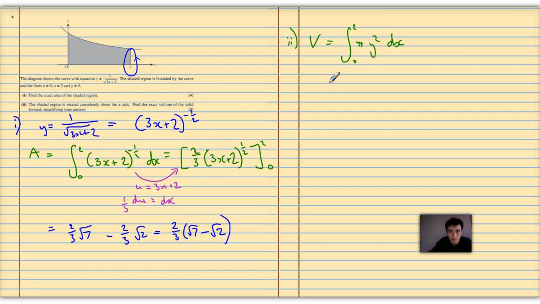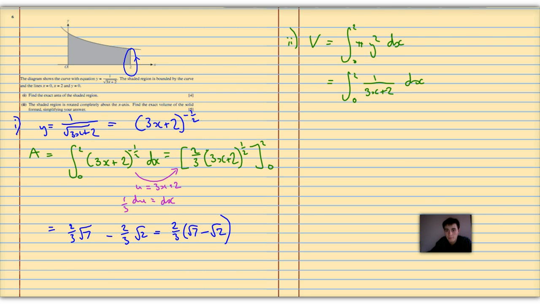That's a formula we use for volume of revolution. Great. So what's y squared? Well, y was 3x plus 2 to the minus half, so that's just going to be 1 over 3x plus 2, dx.